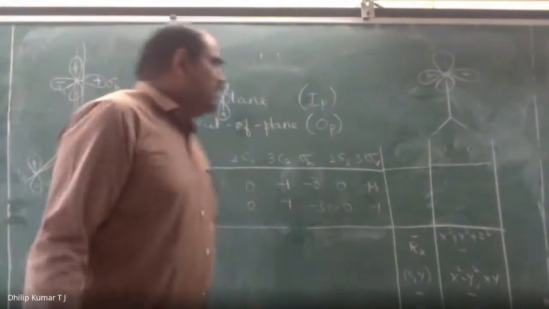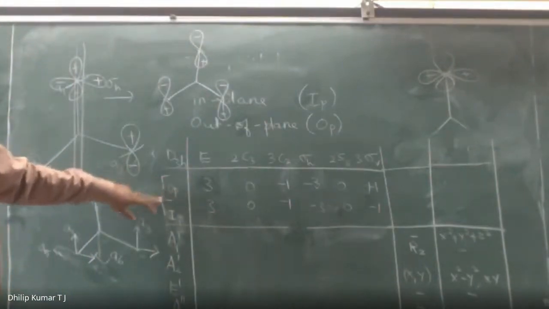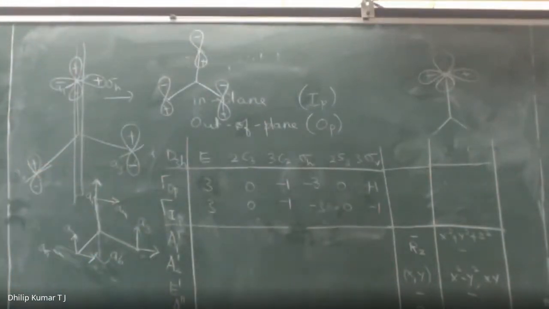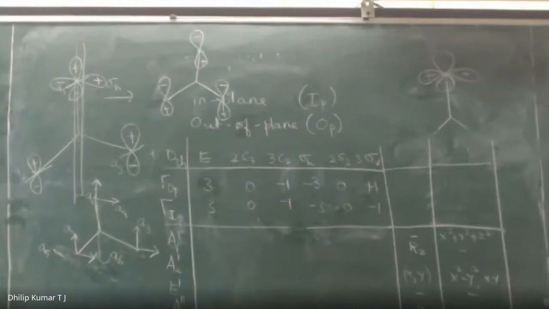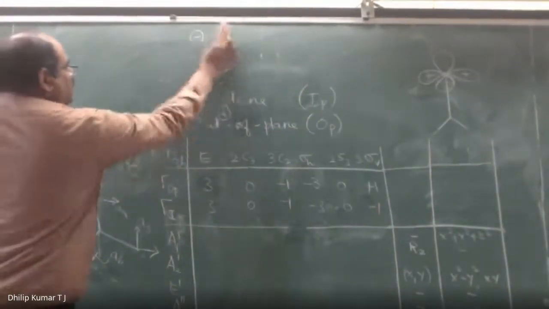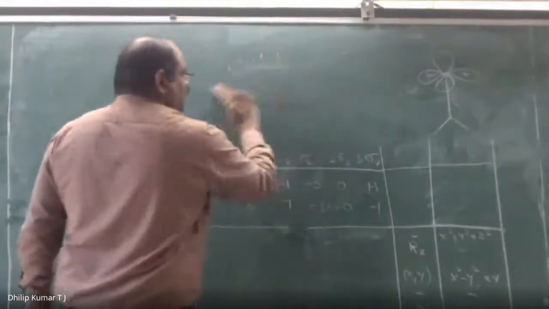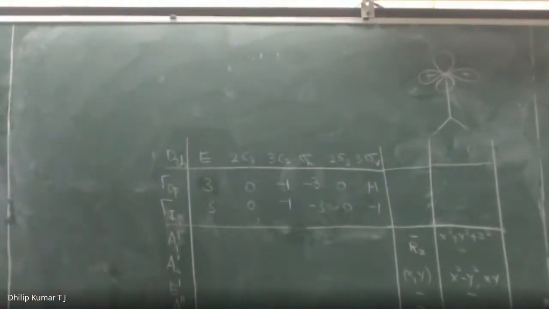So now you will get this. This is a reducible representation for the out-of-plane orbital. This is a reducible representation for the in-plane orbital. Now you know how to reduce it, so you can reduce that and find the symmetries for in plane and out of plane.